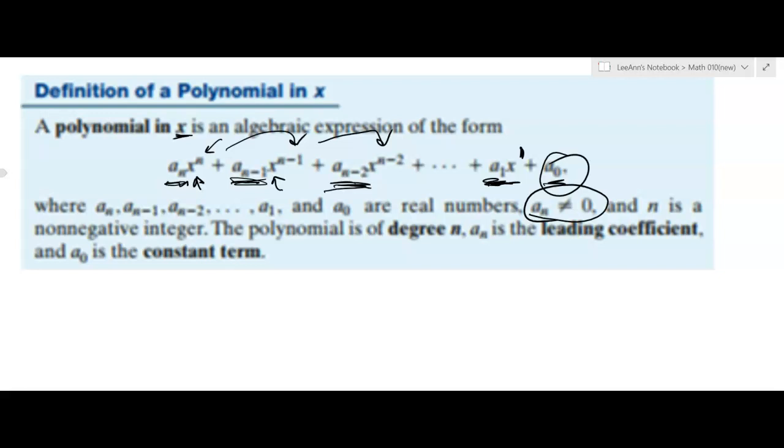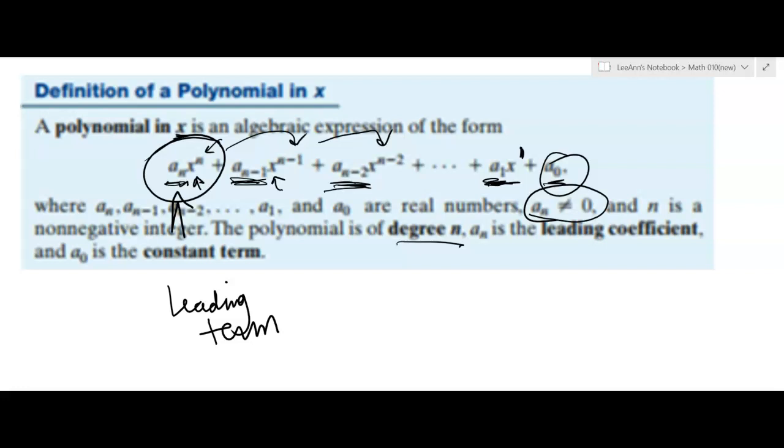So we talked about that the exponents are going to be whole numbers. The polynomial is of degree n. It goes by this first term. We call that the leading term. And that leading term has a leading coefficient.